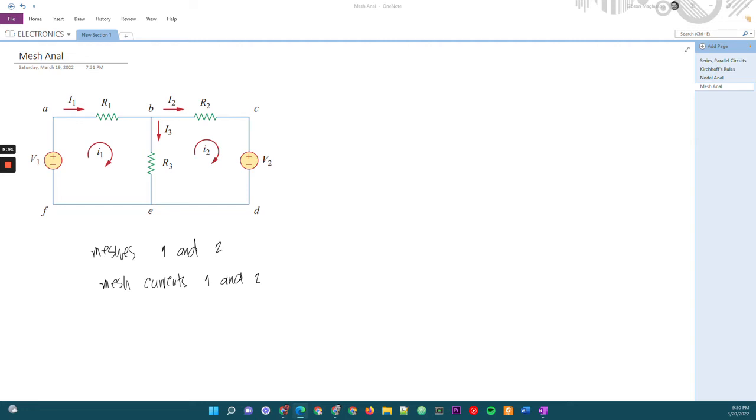Just like what we did sa nodal, as the simplest circuit, tapos another circuit that contains voltage sources. So sa nodal, we have voltage sources. Sa mesh analysis, we also have current sources ng mga types of circuit diagrams or problems.